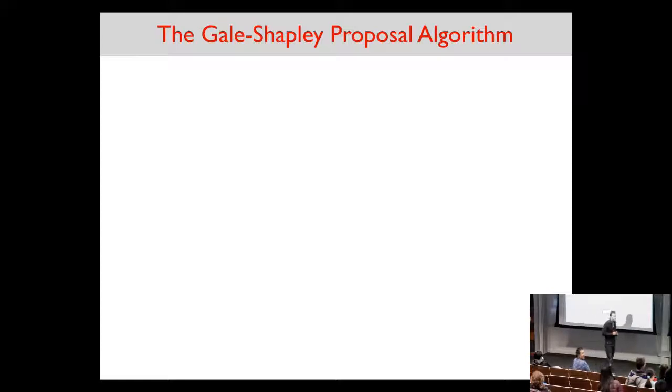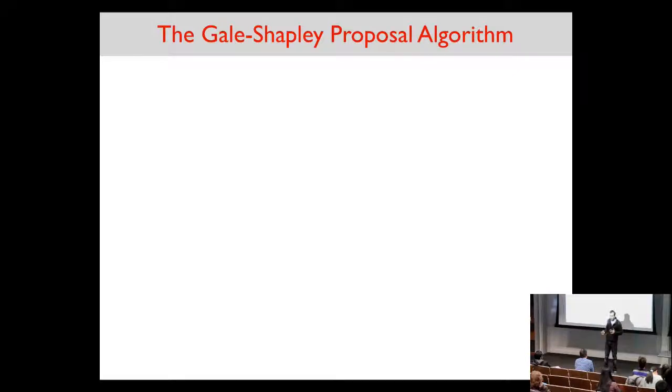And the way it's going to work is men are just going to propose to the woman they like. And the women are going to say okay, or no, I don't like you. So they're going to either accept the proposal or reject the proposal depending on their preference list. And so on.